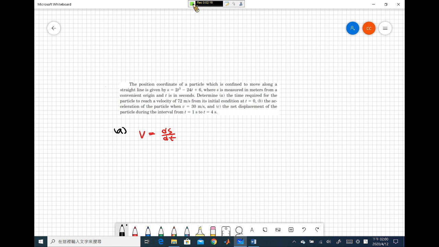So we can directly differentiate this position function. Your v will be d over dt of 2t cubed minus 24t plus 6. That will be equal to 6t squared minus 24. Okay?